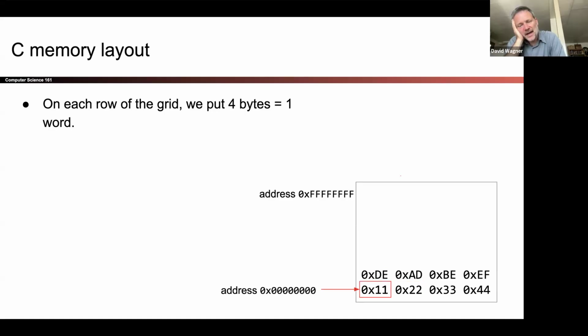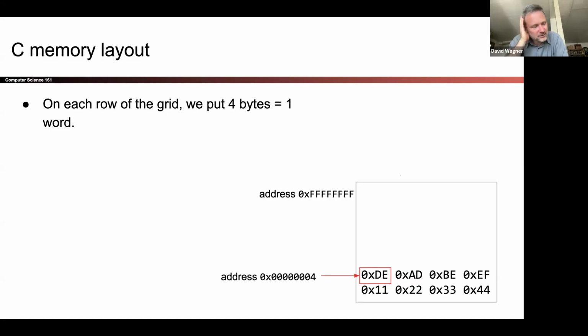For instance, at address 0, here's the byte hex 11, or in decimal, it's number 17. And at address 1, here's the byte hex 22, or in decimal, 34. And then address 2, address 3, and then address 4 is the next row up, and that's the byte value hex DE.